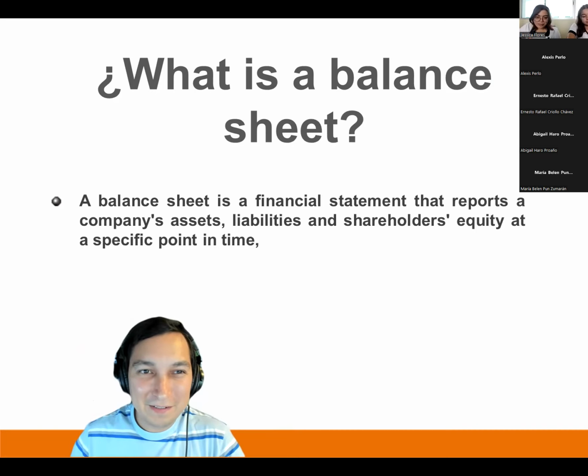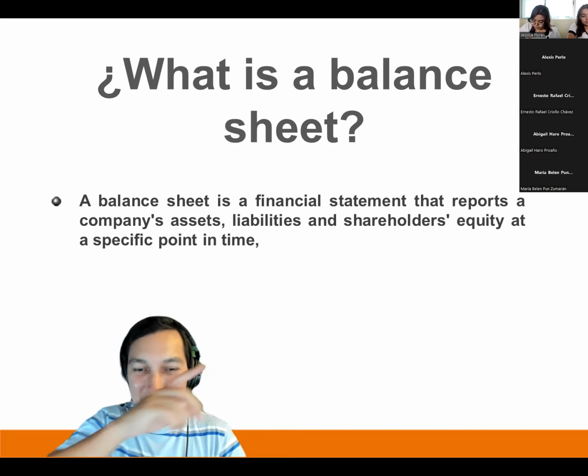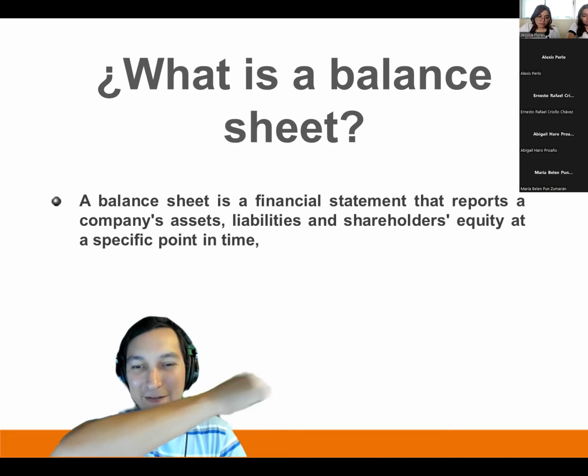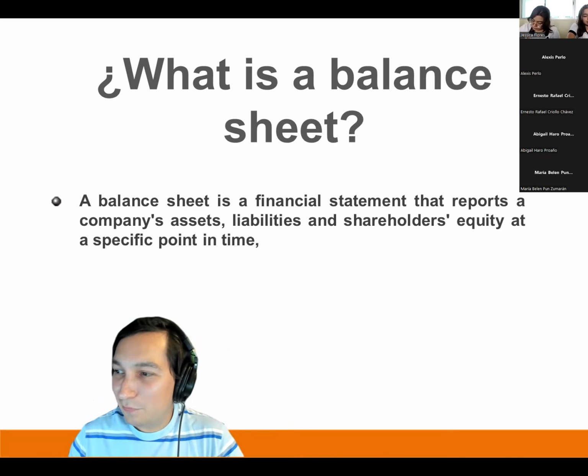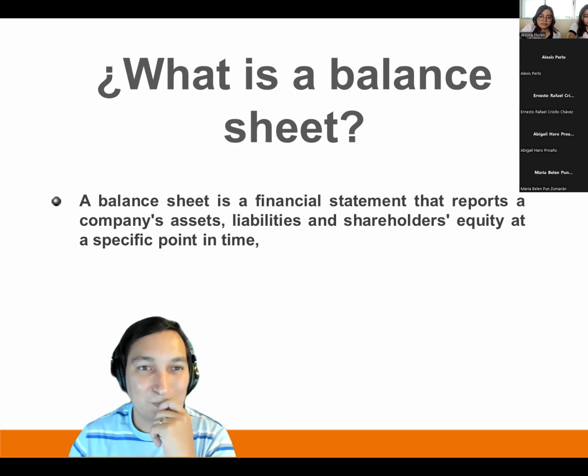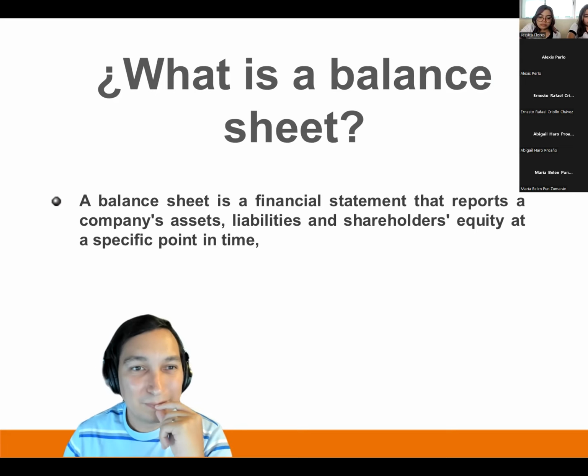You have in the screen, shareholders' equity. Liabilities, give me an example of a liability. An example of a debt, guys. The easiest one.